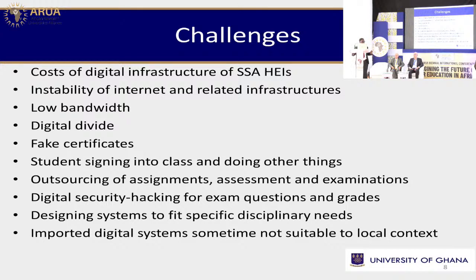I had an experience in a village in Ghana where you can get a connection only under a particular tree. So you have to walk to that tree if you want to connect. And we expect students in those areas to participate in our learning. These are issues.